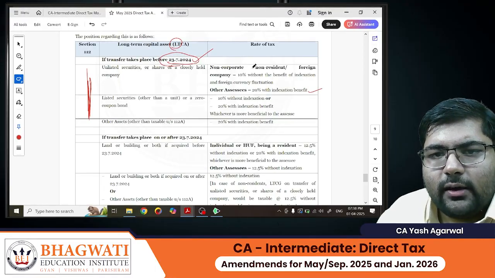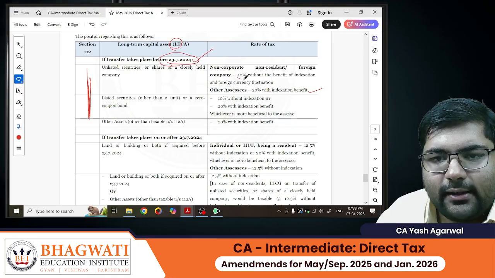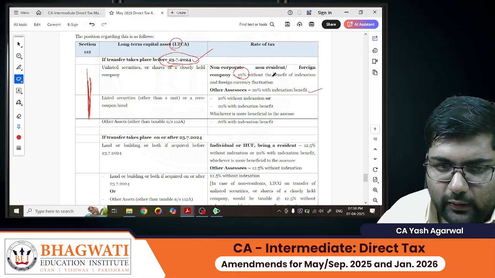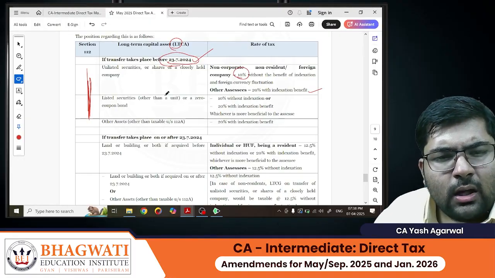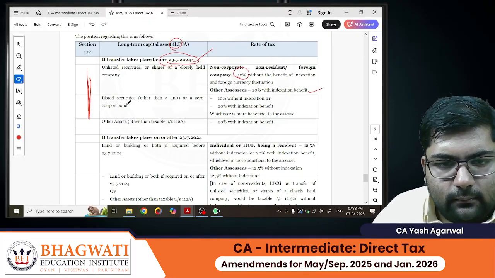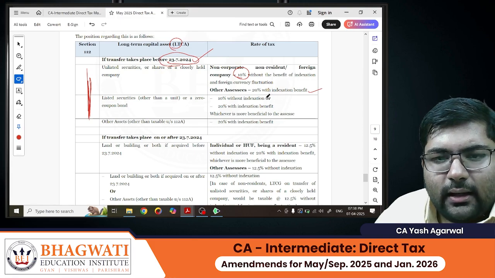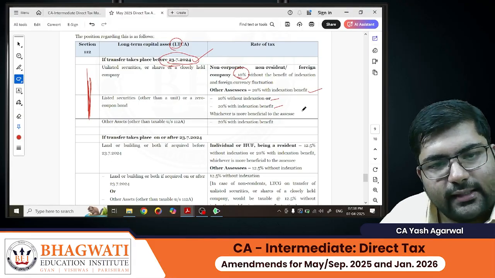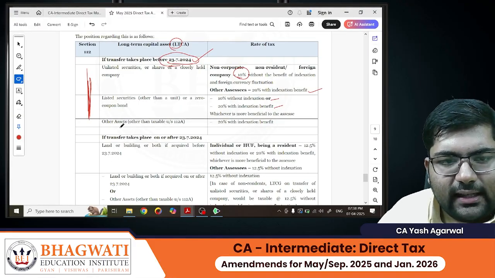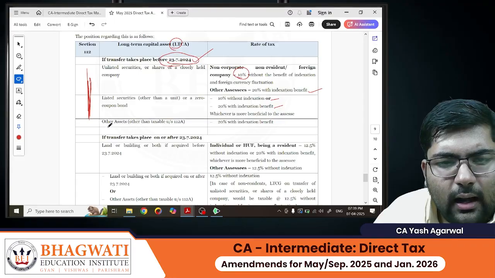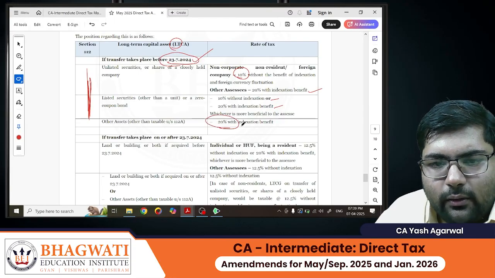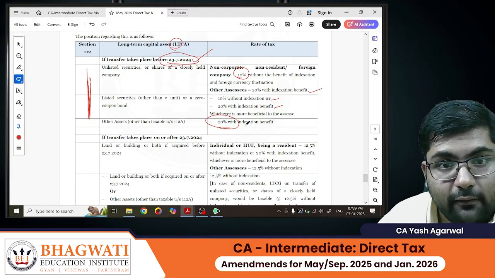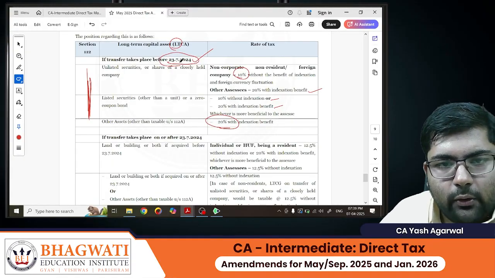For a non-resident non-corporate or a foreign company, 10% would be the rate of tax, but no benefit of indexation and foreign currency fluctuation. If it is listed securities or zero coupon bond, then 10% without indexation, 20% with indexation, whichever is beneficial the assessee could choose. Other assets, 20% with indexation, only one item. This is how Section 112 was taxing long-term capital assets if the transfer took place before 23rd July 24.